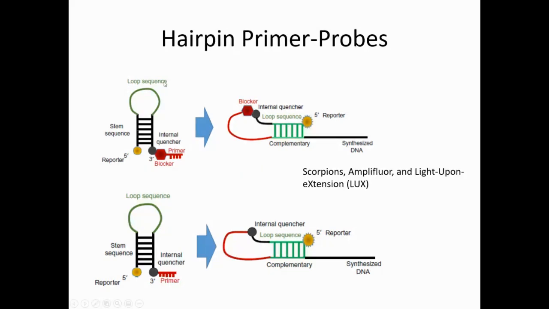The probe contains a short tail sequence of 6 nucleotides that is complementary to the 3' end sequence. There are also different types of hairpin primer probe, including Scorpion, Amplifluor, and light upon extension, LUX. These 3 different kinds of hairpin primer probe.